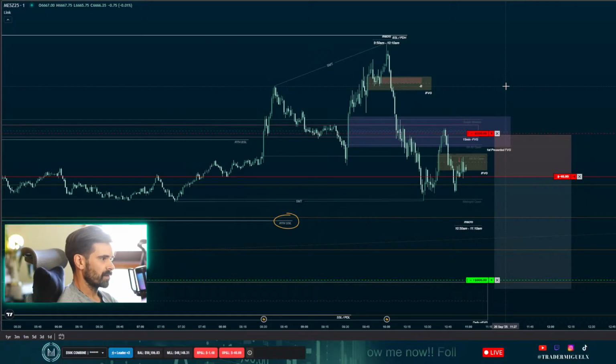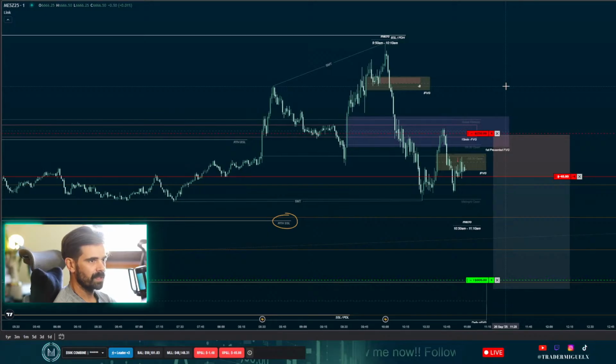Price kind of slowed down. It slowed a little bit down, but I'm really not liking how price is not able to close below this inverted fair value gap.